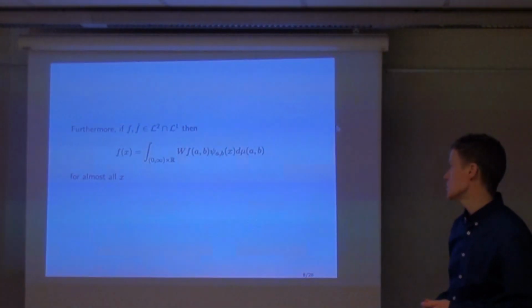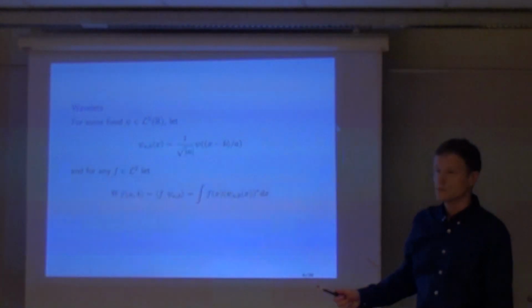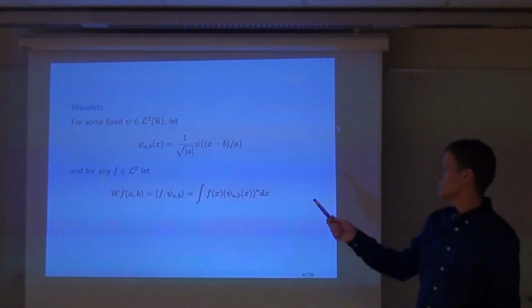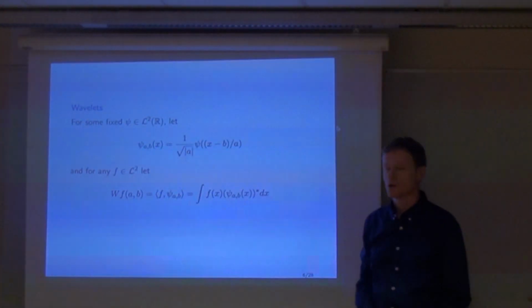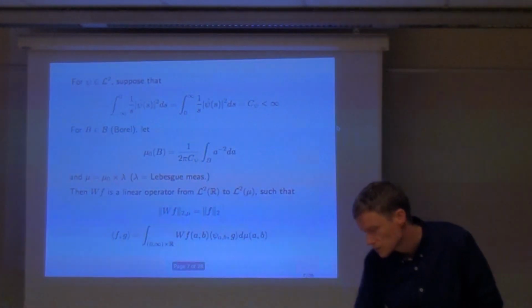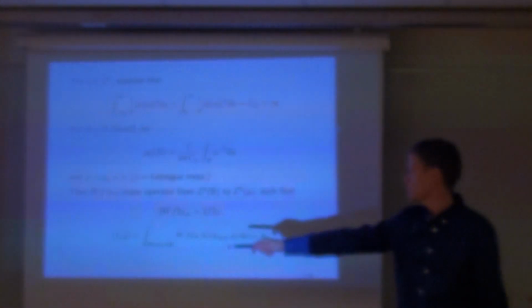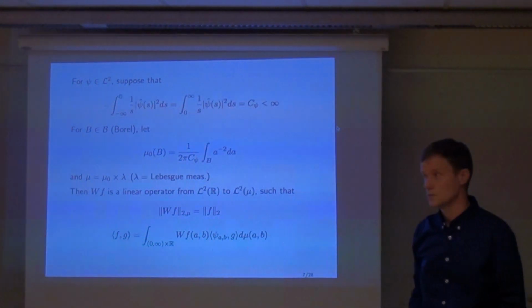If you didn't see this before, the details are not so important, but wavelets are a generalization of Fourier transform where you don't look in frequency, you look in position and scale, so to speak, instead of frequency. And then there are corresponding results to the Plancherel thing for wavelets.